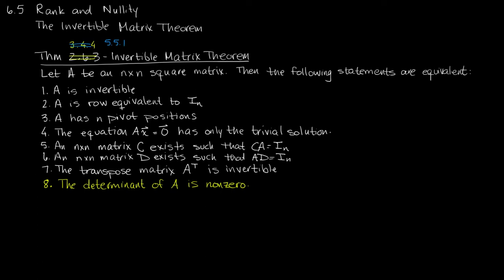And this time, instead of listing the previous 8 equivalent statements, they just said an n by n square matrix A is invertible, that's this statement here, if and only if lambda equals 0 is not an eigenvalue. So we can actually add this. We can make this our number 9. This is what we did at the time. Lambda equals 0 is not an eigenvalue.